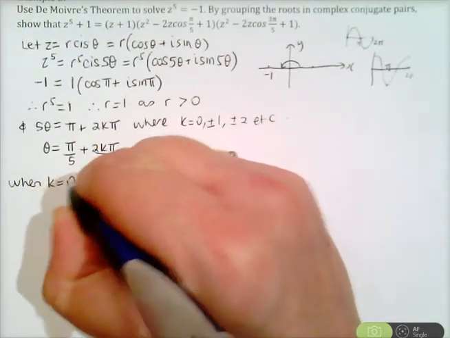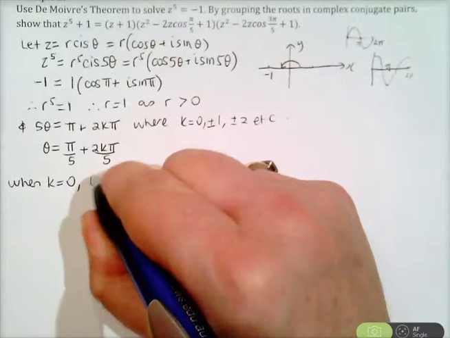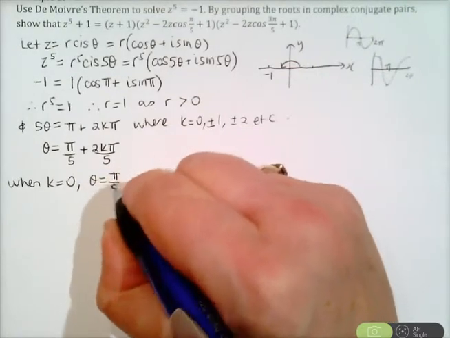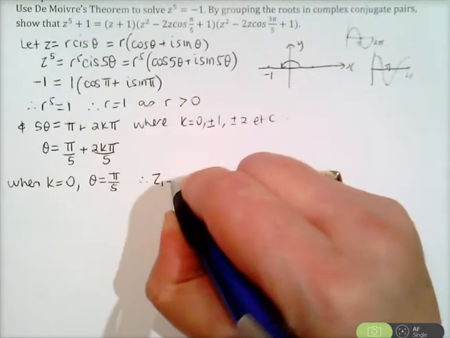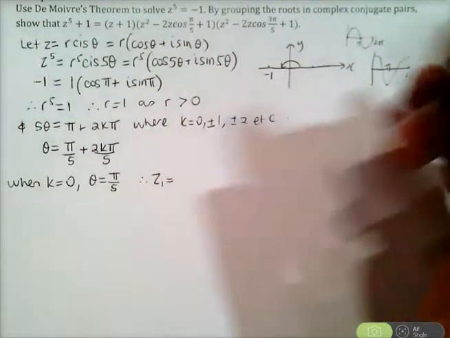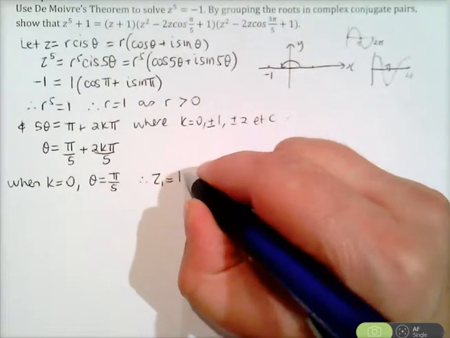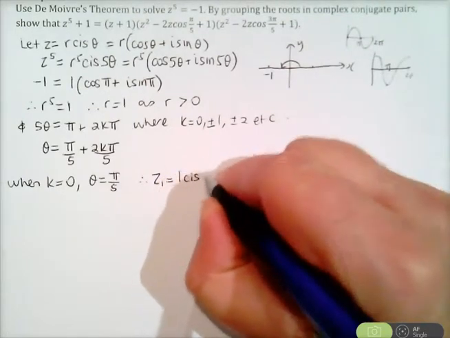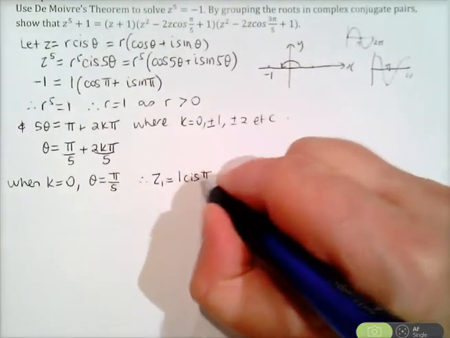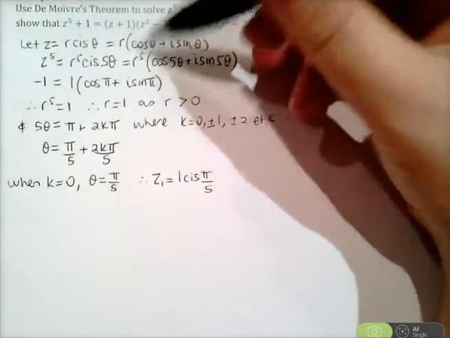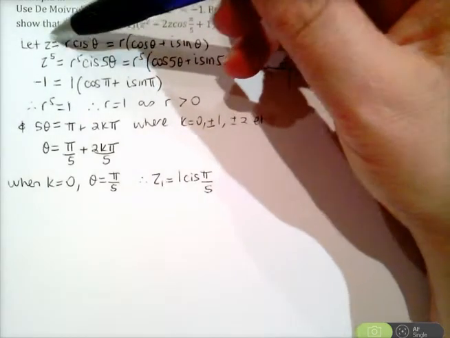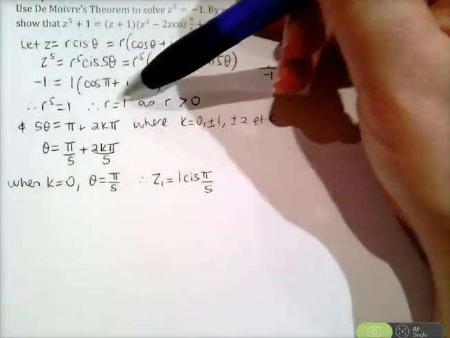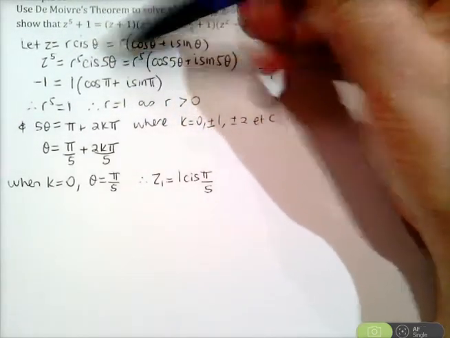Okay, now when k is 0, we get that theta is just pi on 5 plus 0. So therefore our first root, z1, is 1 cis pi on 5. Okay, because remember, your roots are r cis theta, so we know that r is 1, and we've got cis theta.